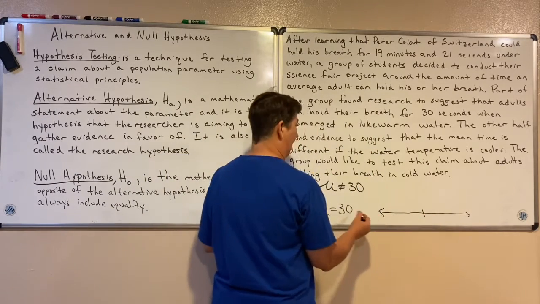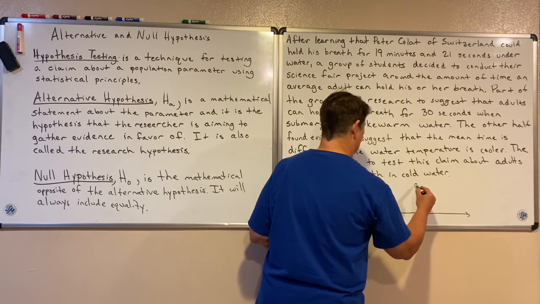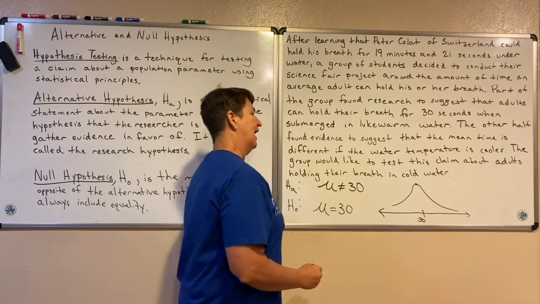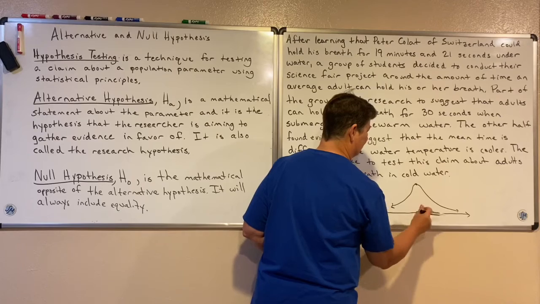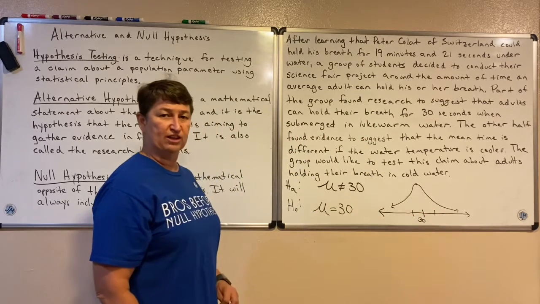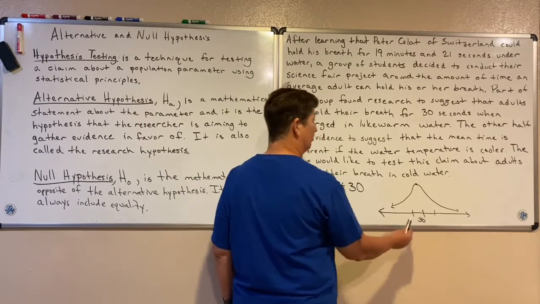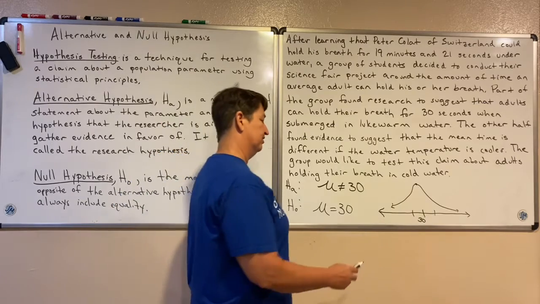And I would expect my mean to be about 30. So here's that normal sampling distribution. And just as before, if I go out, 68% of the time, I expect my sample mean to fall within 1 standard deviation. So it could be out here a little bit, it could be out there a little bit, that's normal. We expect that 68% of the time.